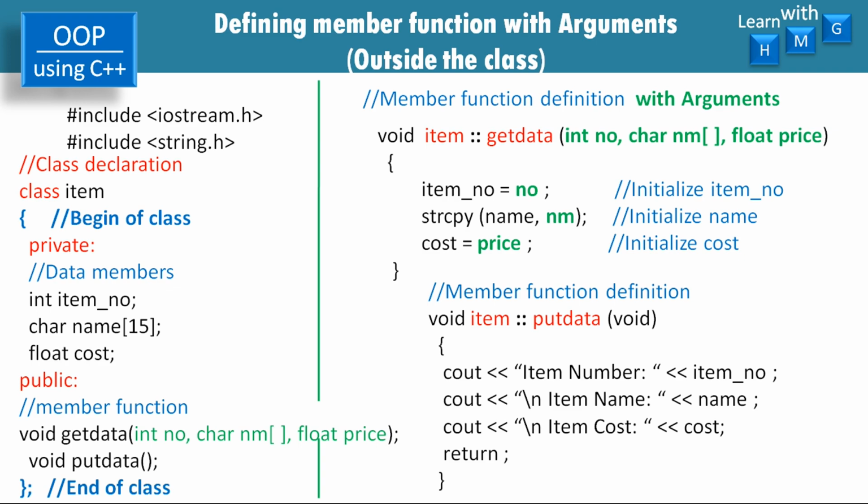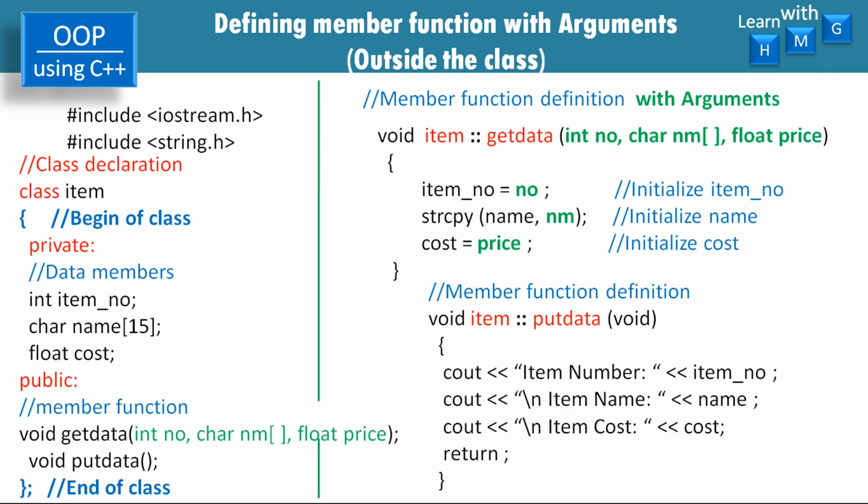Here the difference is only that in the previous class definition, the getdata and putdata member functions were both defined inside the class, and here getdata and putdata are both defined outside the class, while in both cases the getdata function is defined with three arguments, no, nm and price.